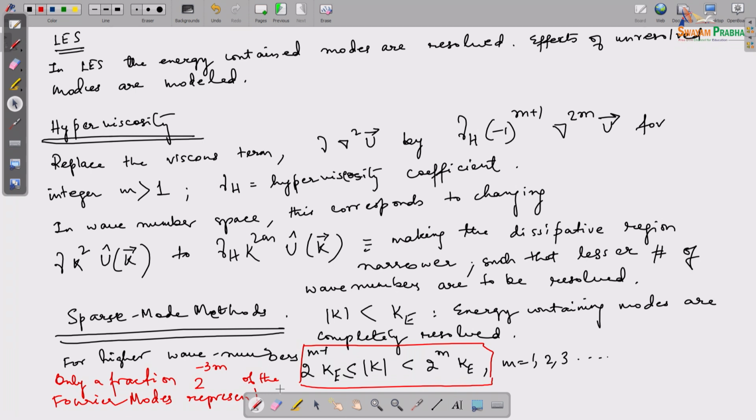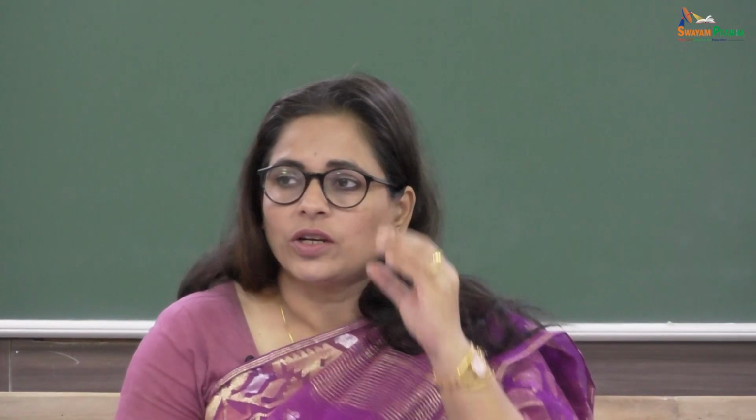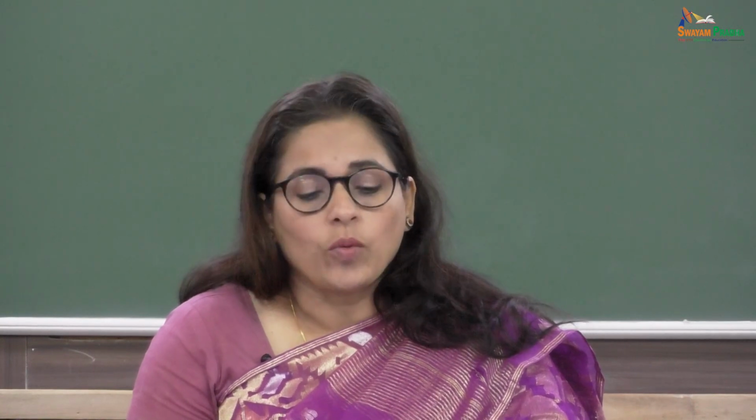So we have a DNS, and we are trying to see how we can decrease the computational cost of the DNS, and so we've come up with several methods. One is the low wave number forcing, the other is of course the LES, then we have something called hyperviscosity, and then we have sparse mode methods.